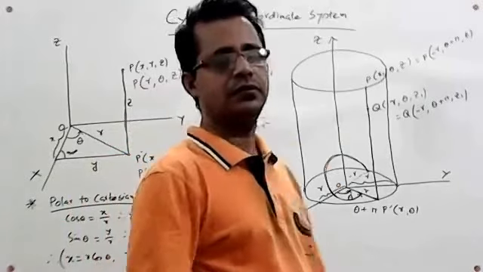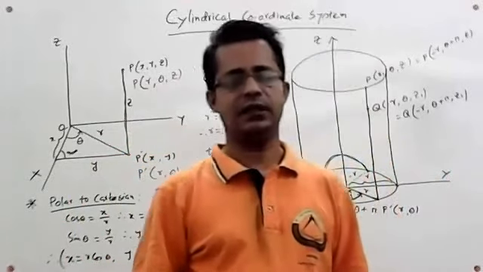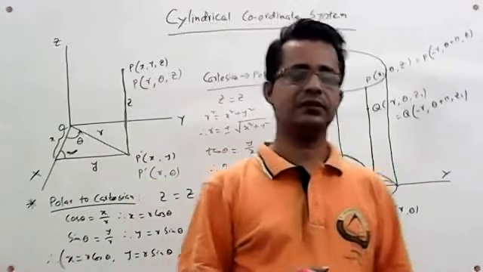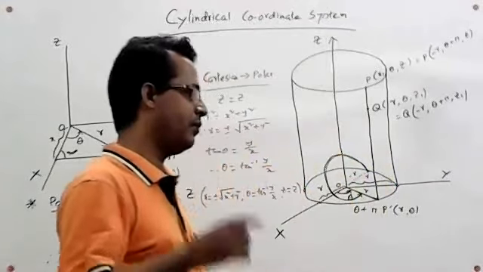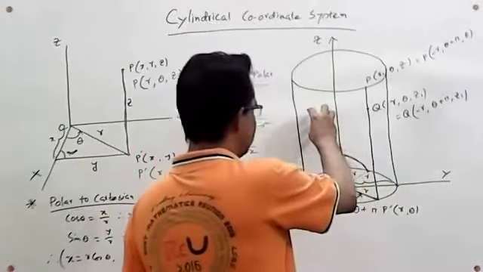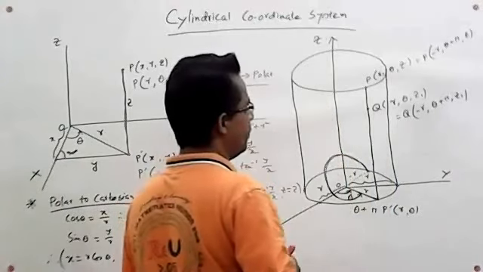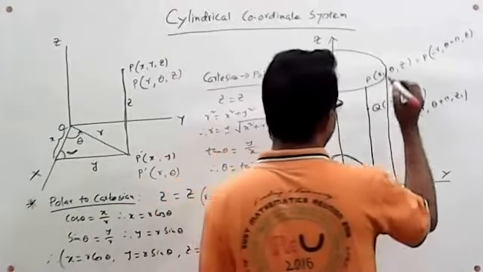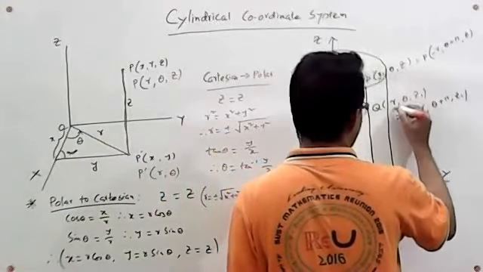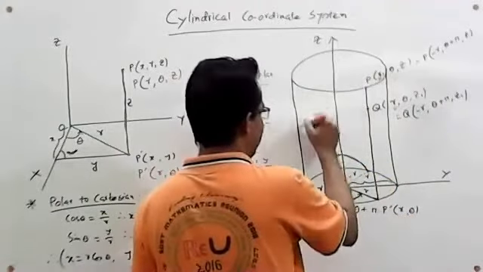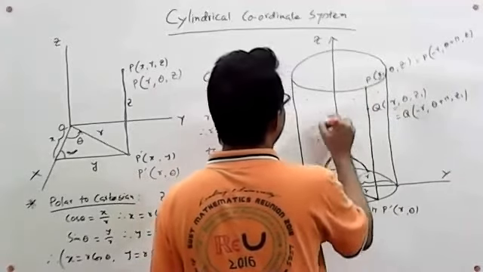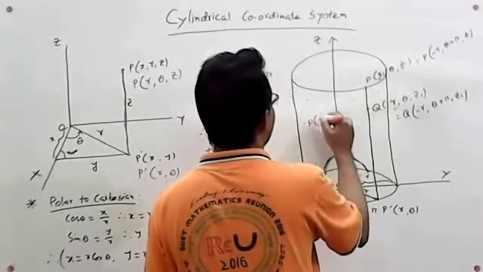Now, two questions will be answered in a simple way. Why is this called the cylindrical coordinate system? Follow, dear learners. For every point on the surface of the cylinder, one thing is fixed, which is r. At any point on the curved surface of the cylinder, the polar distance is r.